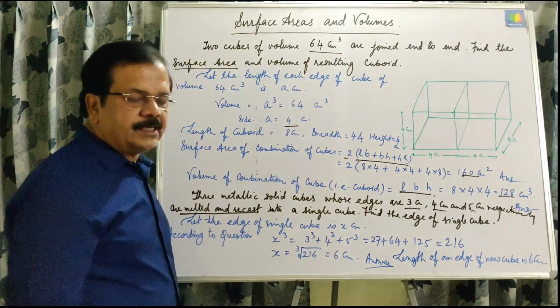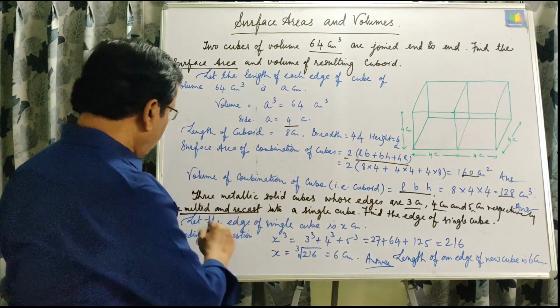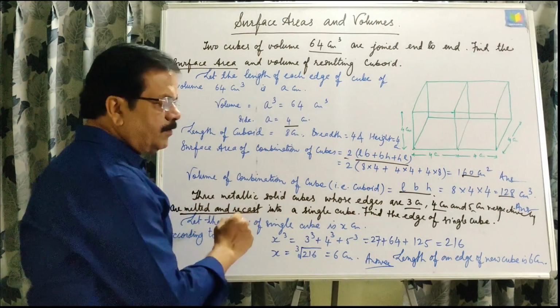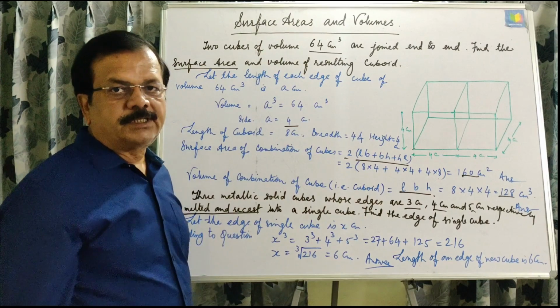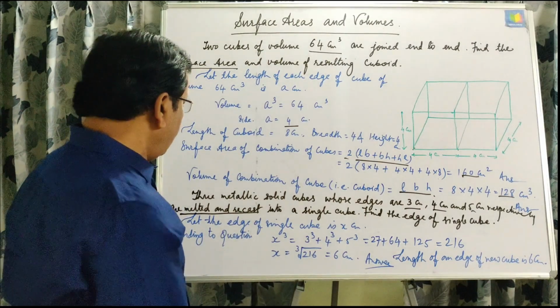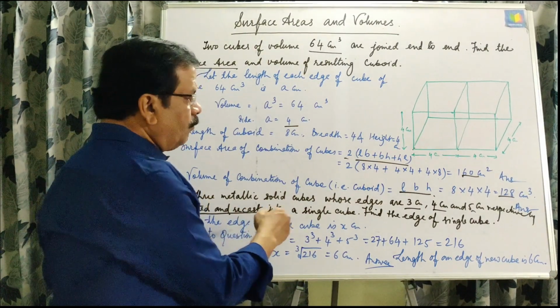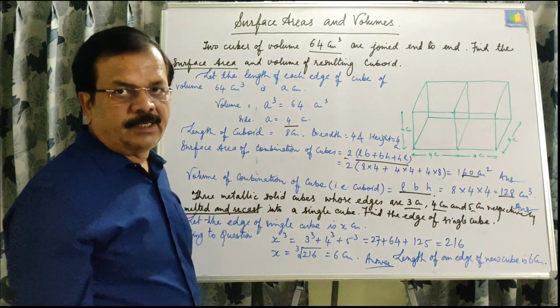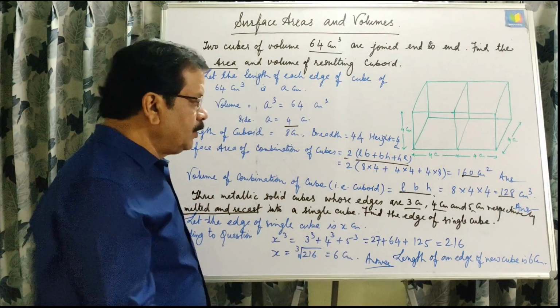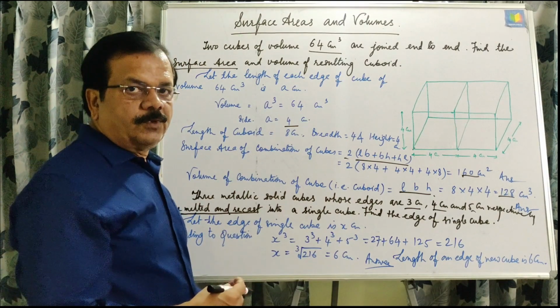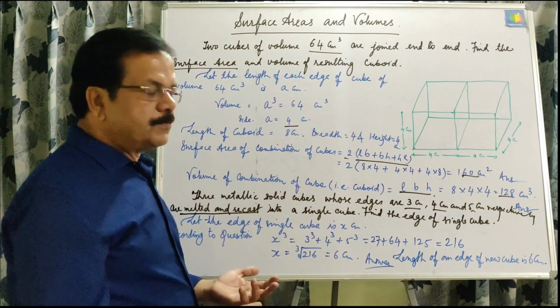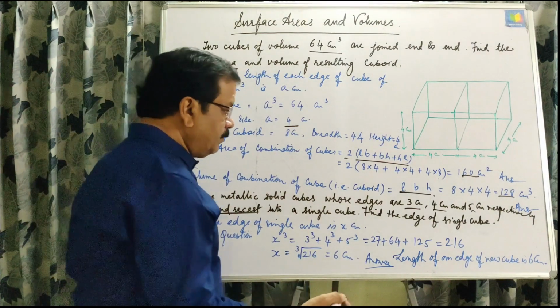Wherever you are getting this word melted and another word recast, or in place of recast in some of the books it is given formed, then you should understand that volume is melted, and whichever solid is going to be formed will also have the same volume, or any number of solids. That type of question we will do.